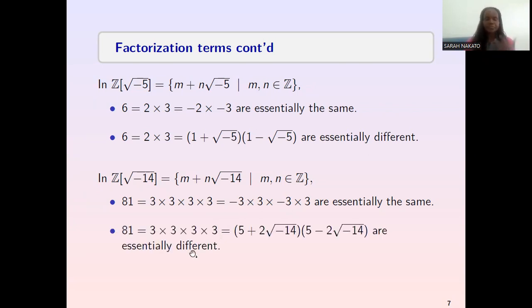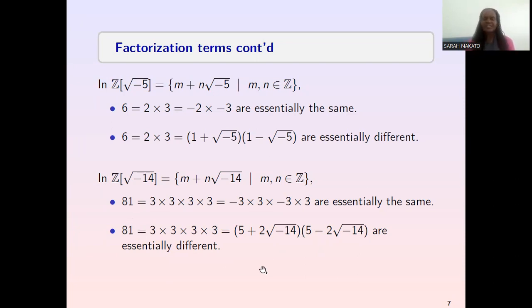Great. Whereas 81 having this factorization and that factorization, these two are essentially different factorizations. For starters, the lengths are different. Before we even look at the terms, the lengths are different. We already conclude these are essentially different factorizations of 81.